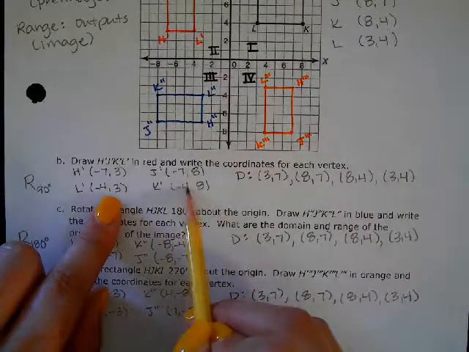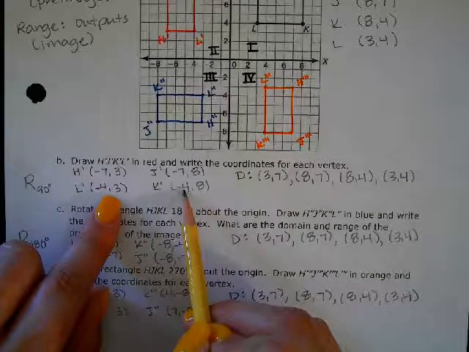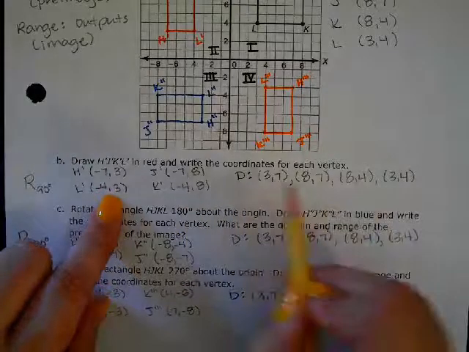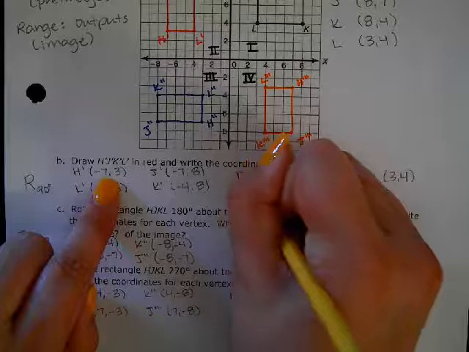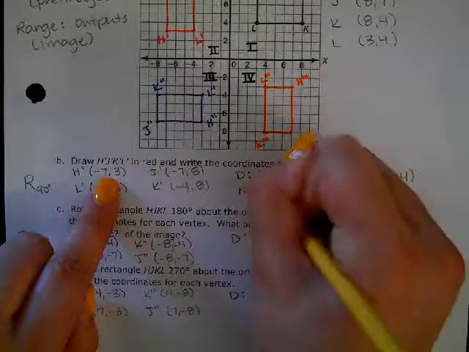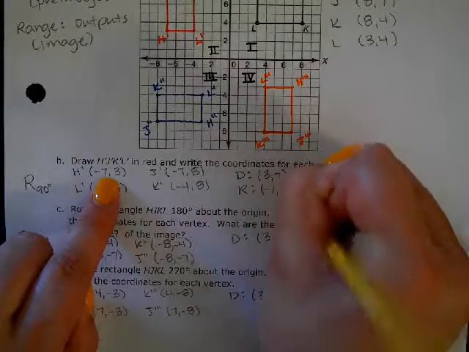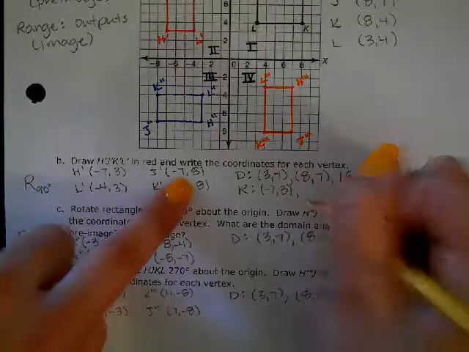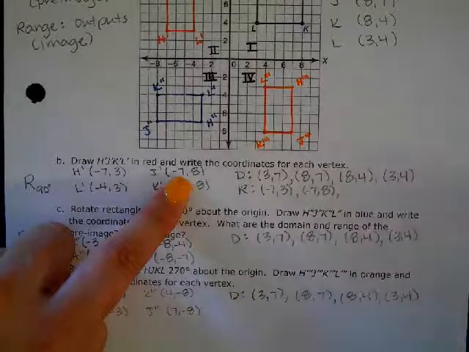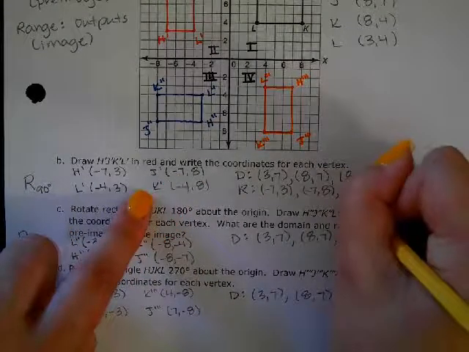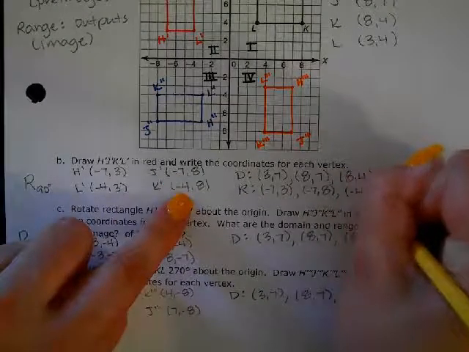I'm going to go ahead and write down the points that they correspond to. So it was -7, 3, -7, 8, -4, 8, -4, 3.